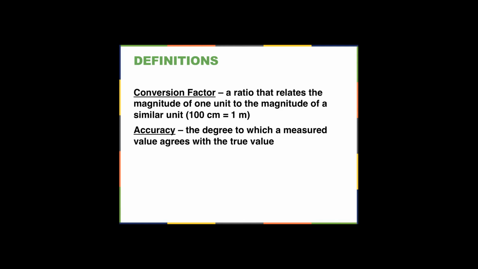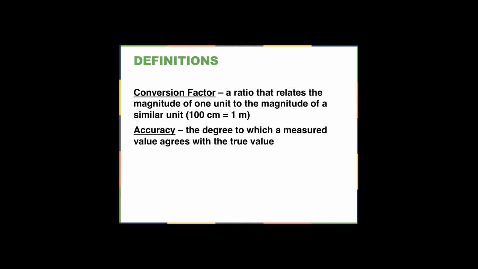Now, the second thing I told you we were going to review in general was the idea of accuracy. Accuracy and precision are two ideas that have to be distinguished, because we're going to be talking about significant figures in just a minute, and significant figures are a measure of precision and not accuracy.